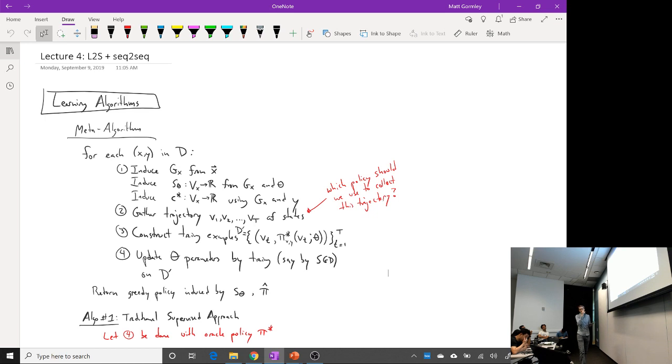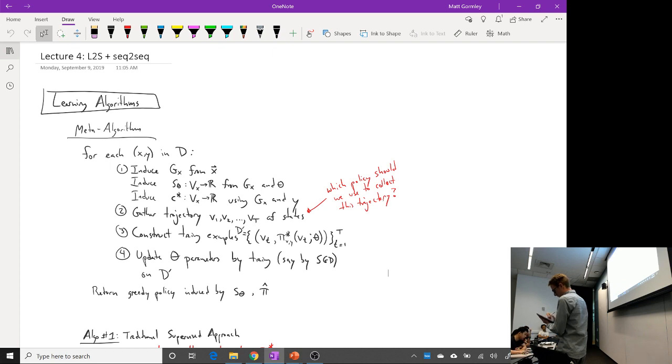So this greedy policy, if S theta were the negative of C star, okay, let me actually write that down because it's such a tricky little question to say out loud.